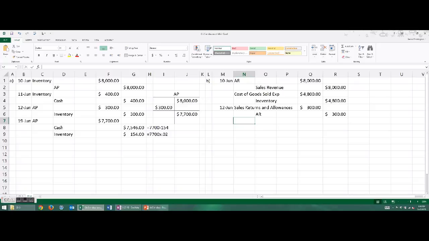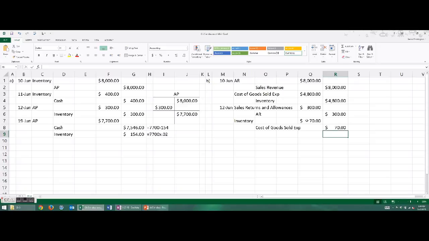They're getting back inventory worth $70, and we want to credit, or reduce, cost of goods sold by $70.